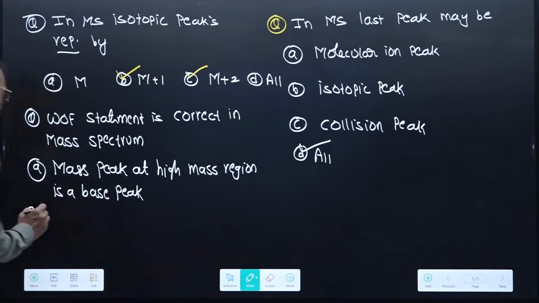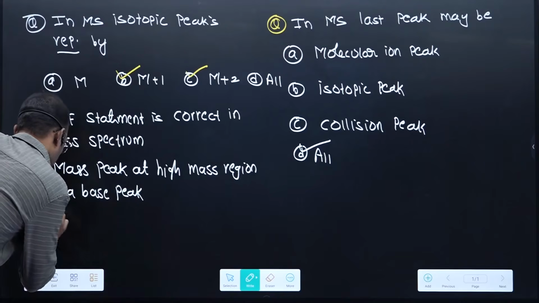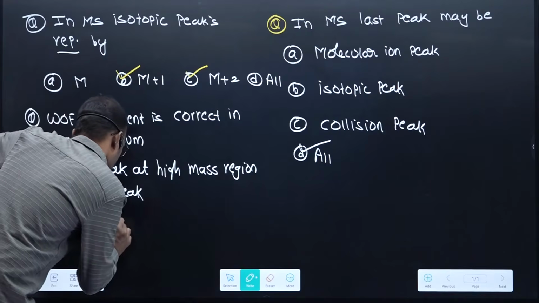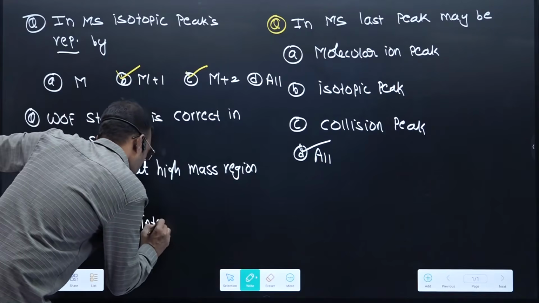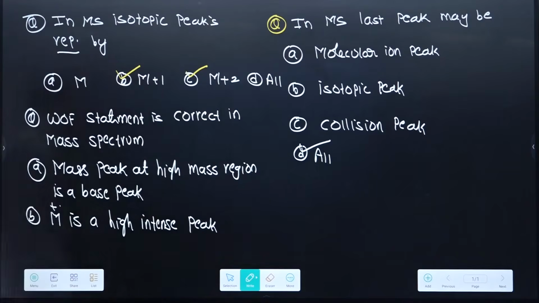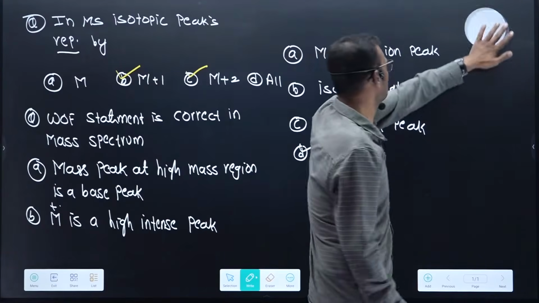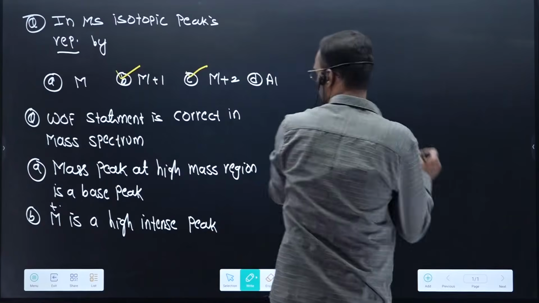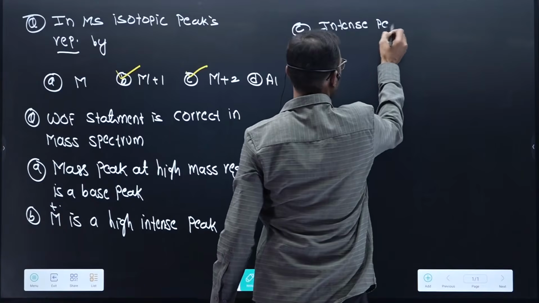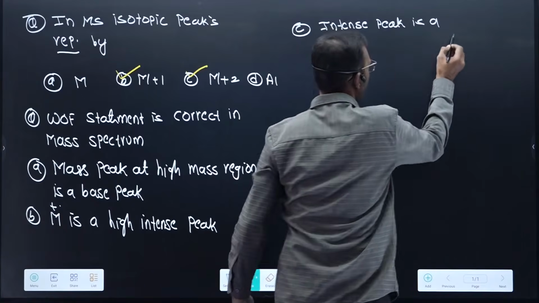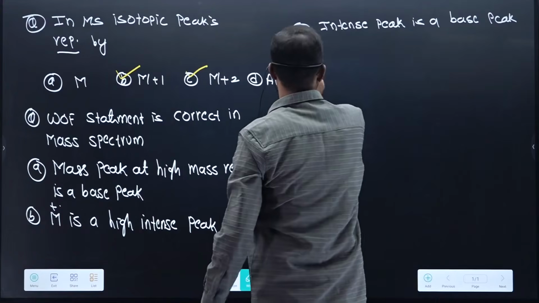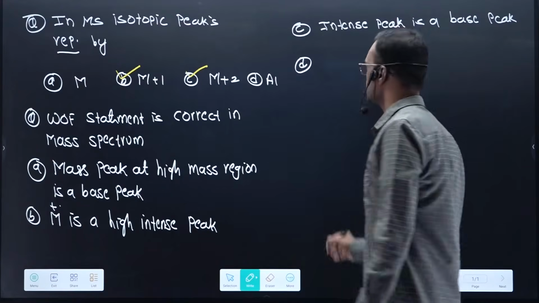Option B: the molecular ion is a high intensity peak. Option C: the intense peak is the base peak.